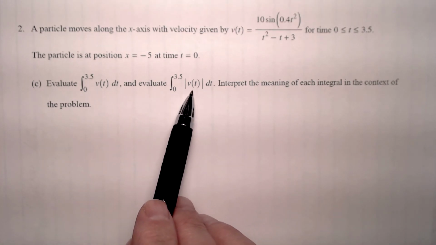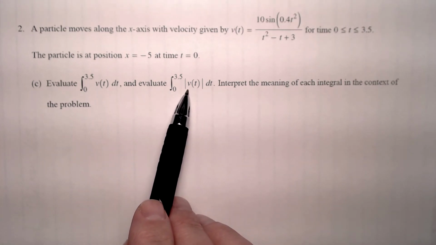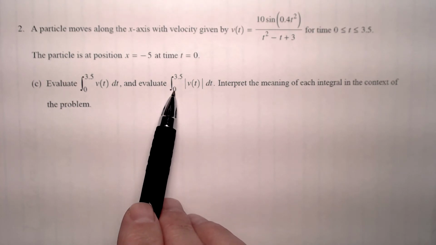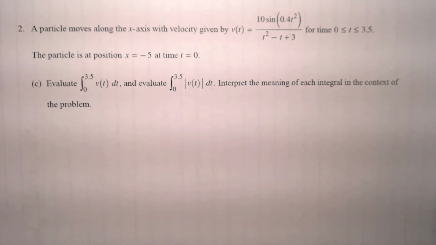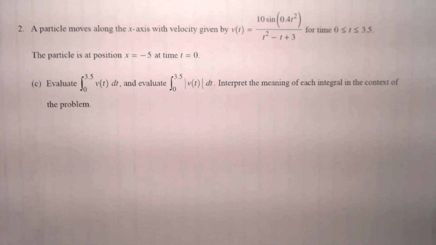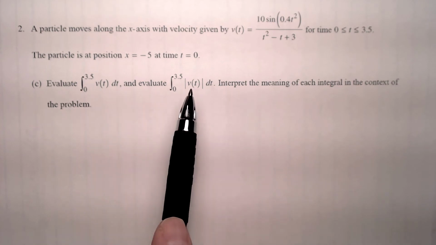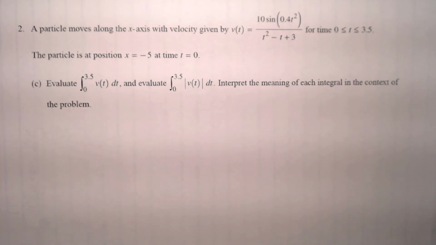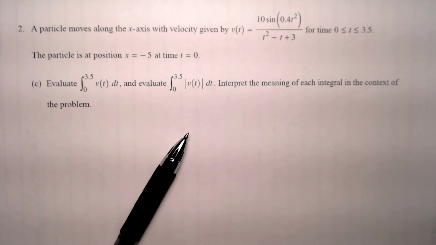This expression here is the speed of the particle. So overall this integral is the total distance traveled by this particle over the time interval from 0 to 3.5. So this is the displacement, this is the total distance traveled. So let's calculate those using the calculator.